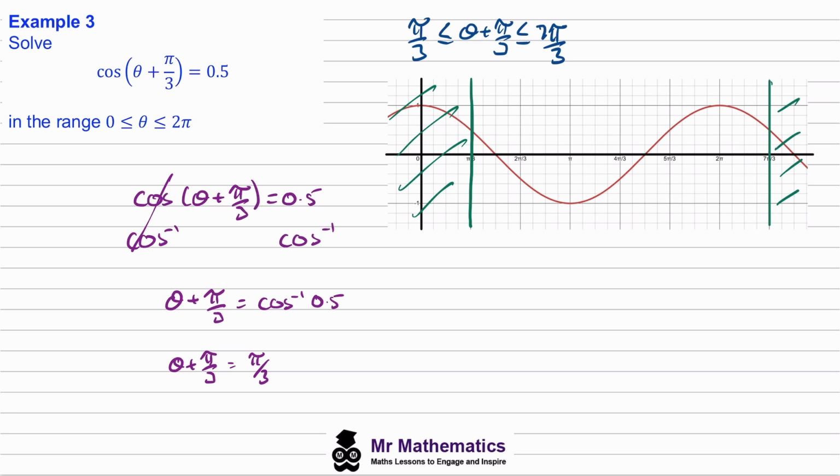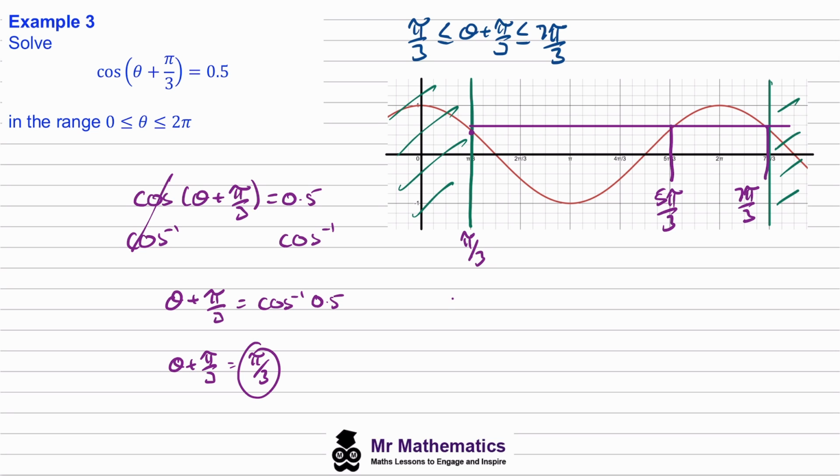We know our first solution is at pi over 3, which is at this point. We'll draw the horizontal line. We'll have another solution here, which is at 5 pi over 3. And another solution here, which is included, because you can see this is equal to.